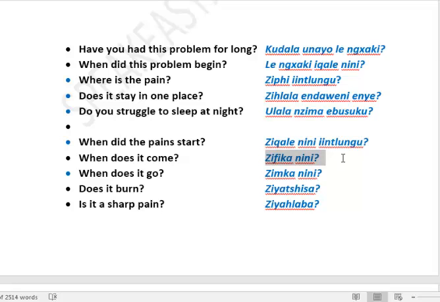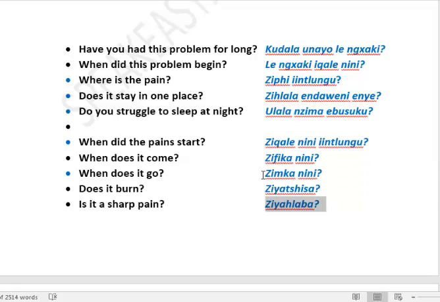Zifika nini, fika, to arrive. So when do they come? When do they arrive? Zimka nini, and when do they leave? Mka is to leave or depart or go away. Ziyachisa, do they burn? Ziyahlaba, are they sharp, stabbing pains?